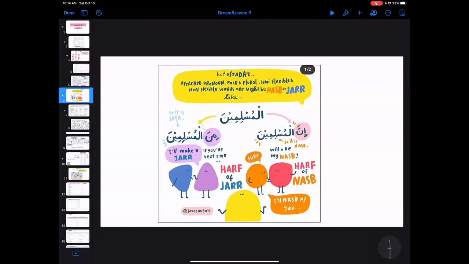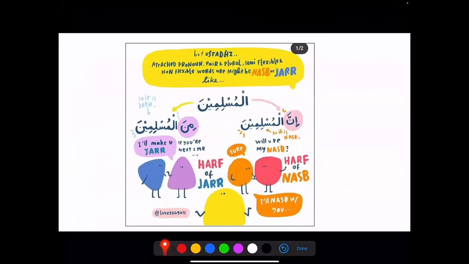So when we have inna, then after that muslimina is nasab in status, but when we have harfu jar, then it is going to be jar in status. So innal muslimina, this muslimina is nasab in status. Minal muslimina, this same word muslimina is jar in status over here.